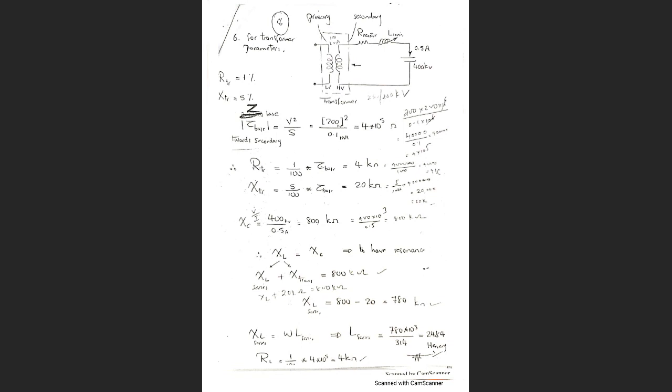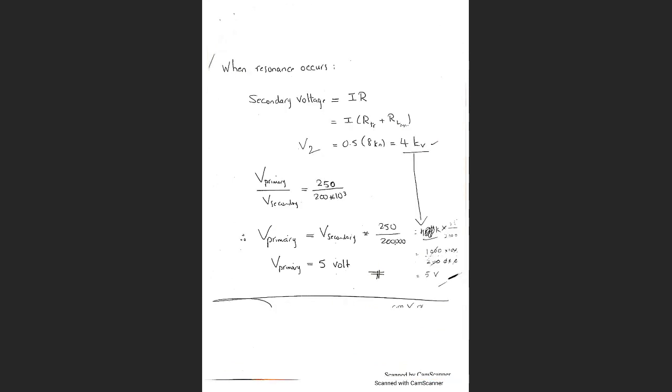Now the resistance. The transformer resistance is 1%, so that will be 4 kilo ohms. When resonance occurs, the secondary voltage will be only the current multiplied by the resistance. Here the series resistance and transformer resistance combined will be 8 kilo ohms.